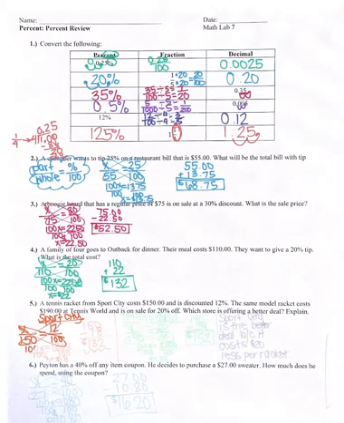We get 100x equals 1,800. When we divide both sides by 100, we get x equals $18. This is the amount we are going to subtract. So we have that original $150 minus the $18. That's going to cost us $132.